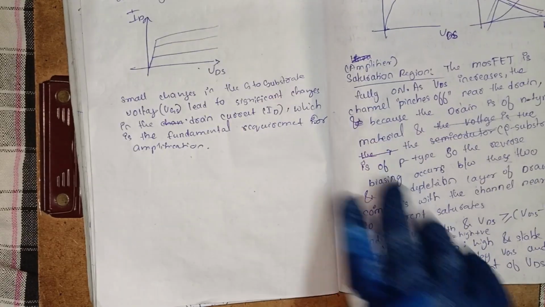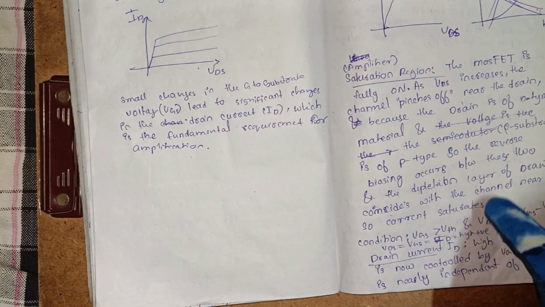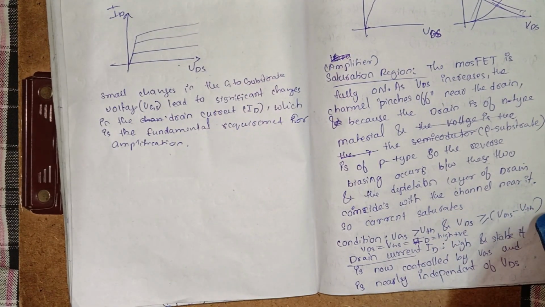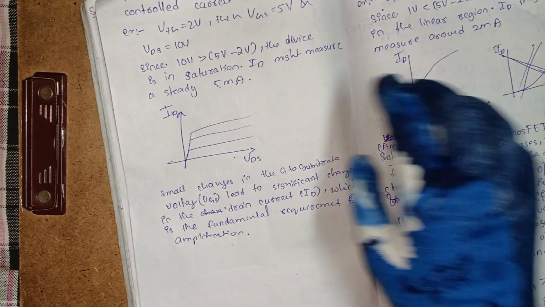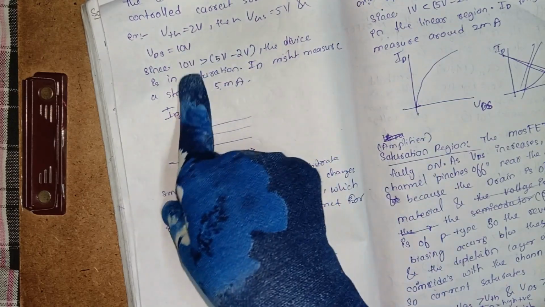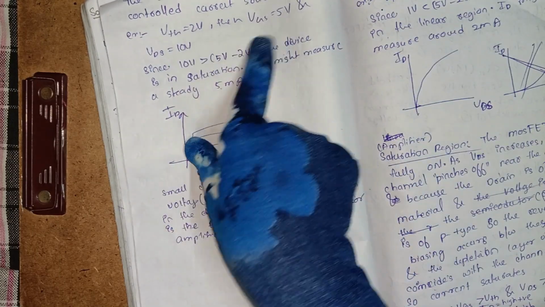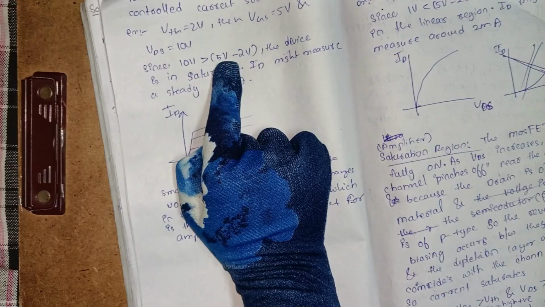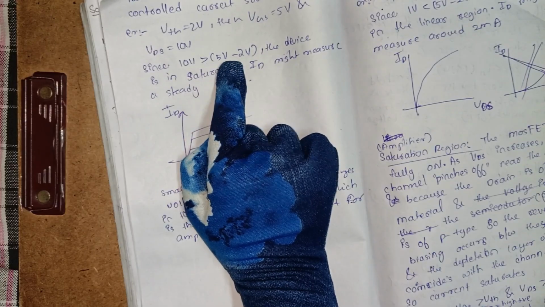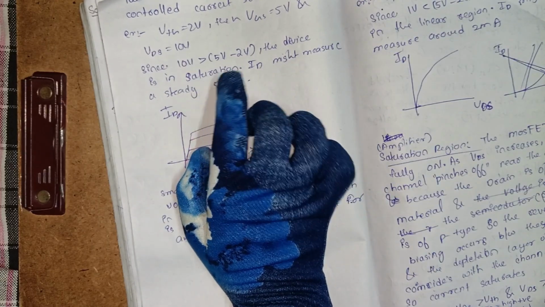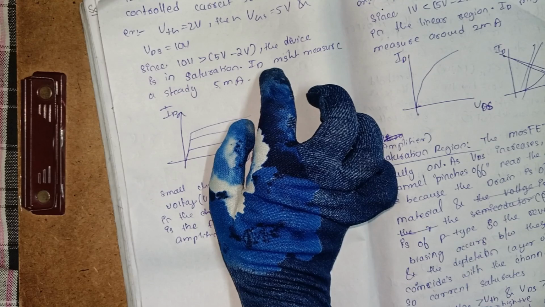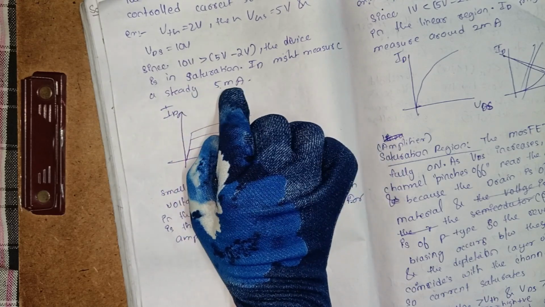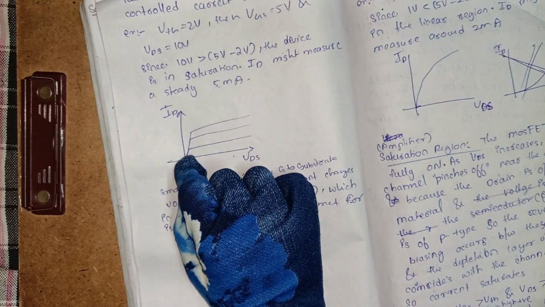The condition is VDS greater than or equal to VGS minus VTH. Here VDS 10 is greater than or equal to 5 minus 2, that is 3. 10 is greater than 3, so the device is in saturation. ID might measure 5 microamperes.